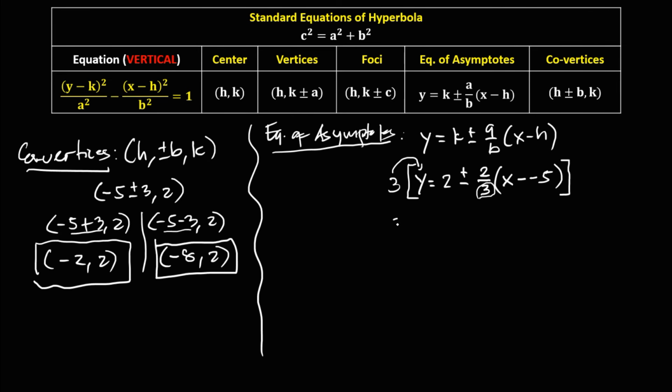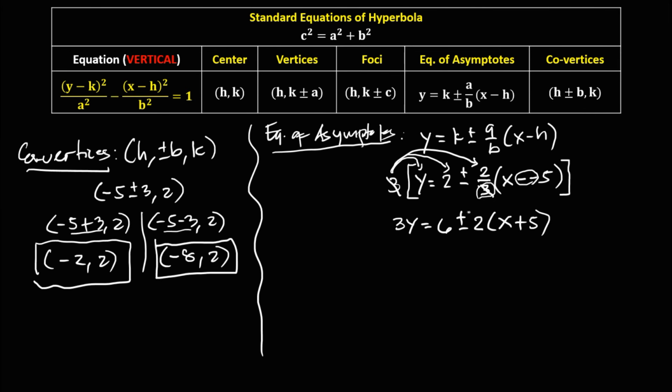So this becomes 3y equals 3 times 2, this one is 6. Then plus minus, then distribute to this term. So we can cancel now this 3. So we have now 2 times x. Then this double negative is positive.